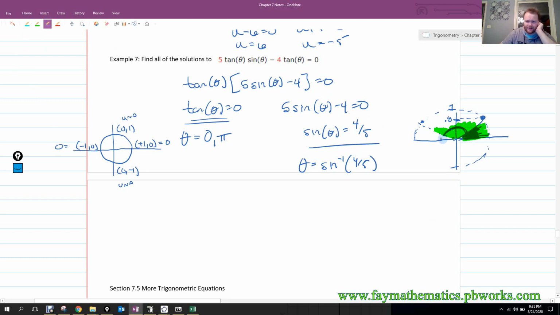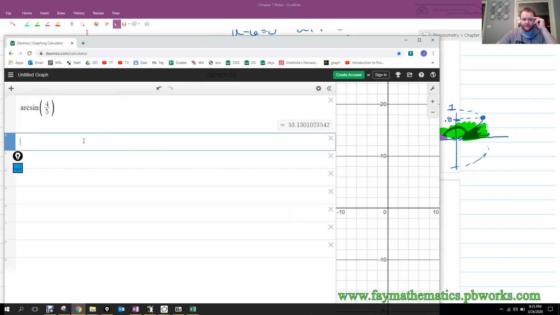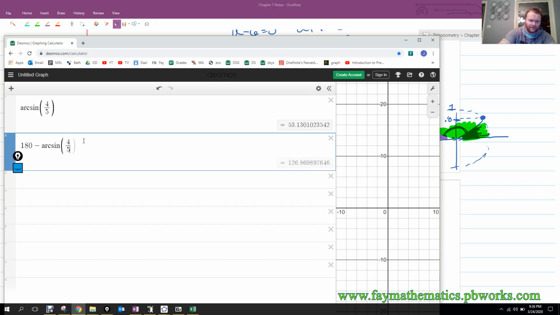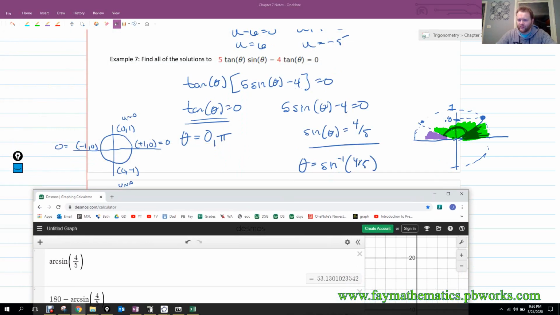What's nice about this is that this purple angle should be the same as this dark green one, which was 53. So to find the light green one from standard position all the way up to this terminal ray, we're going to take 180 minus that 53 degrees, so 180 minus the arc sine of 4/5. And it gives me 126. So those are the two angles that we're looking for from this 4/5.